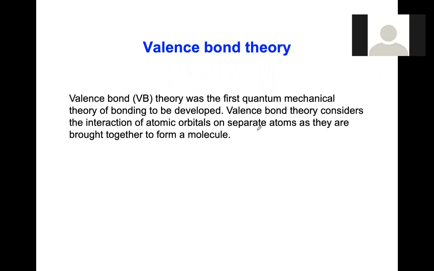The basic rule is that it considers the interactions of atomic orbitals of each atom, central atom or non-central atom. When they are brought together, the atomic orbitals of each atom will interact with each other to form bonding.